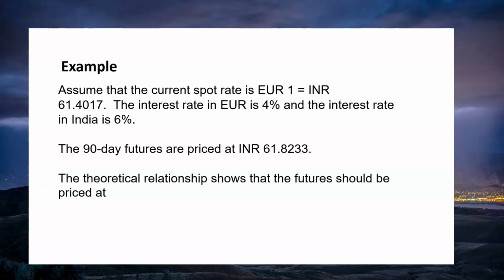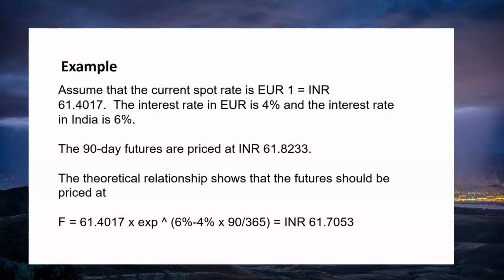The theoretical relationship shows that the futures price is equal to the spot price, that is 61.4017, times the continuous compounding on the interest rate differential of 2% for 90 days, valued at rupees 61.7053.